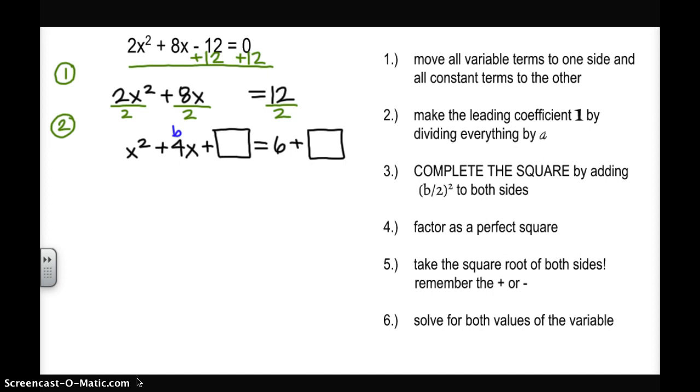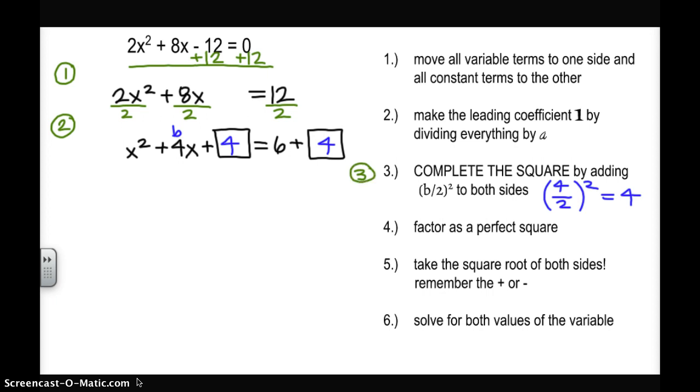So we need to add 4 over 2 squared to both sides. Well, 4 over 2 is 2, and 2 squared is 4. So we need to add 4 to both sides. That is the step called completing the square. Right there, that's step 3.